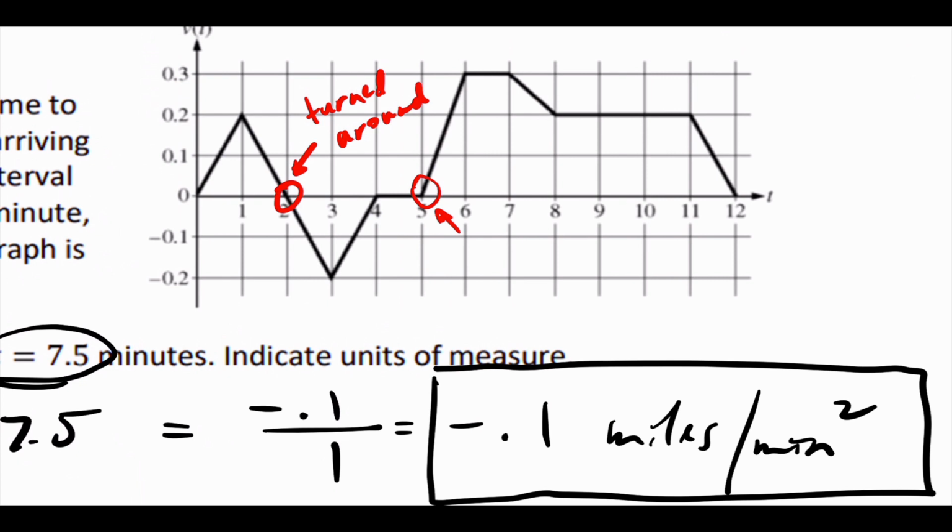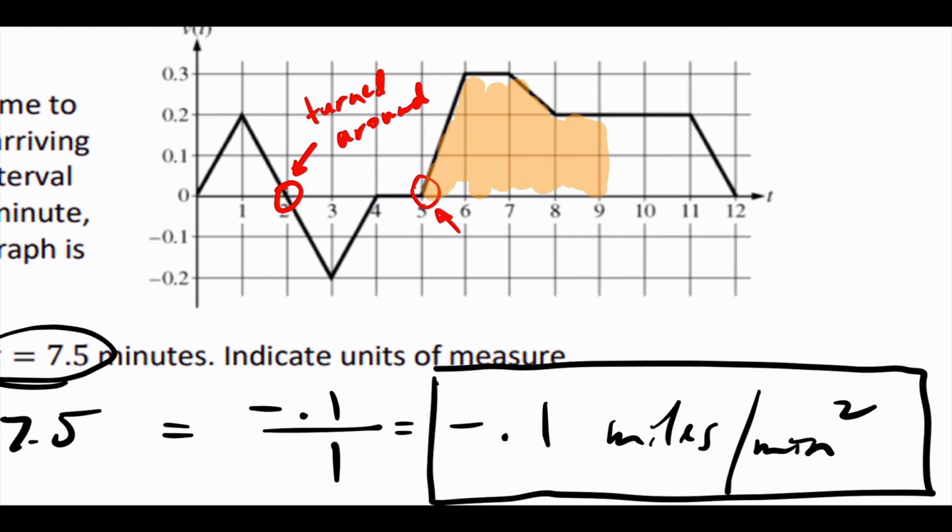So the question is kind of a trick question because it says from 0 to 12. Well, we don't really care what happened from 0 to 5 because it's like a do-over, right? She didn't actually start her journey until minute 5 because she went, came back, and then at minute 5, she started her journey.